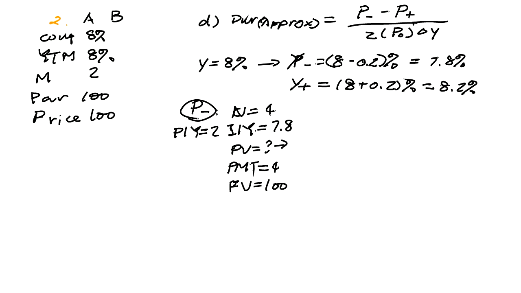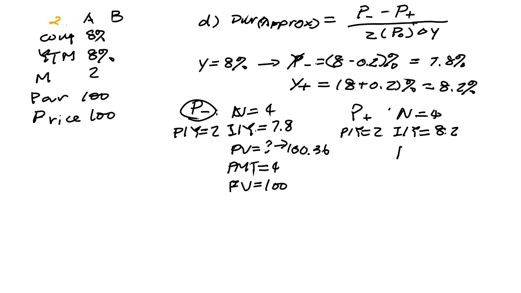So this price has rightfully gone up to 100.36. On the other hand, for P plus, N is again equal to 4. The new I/Y is equal to 8.2, assuming that P/Y is again 2.